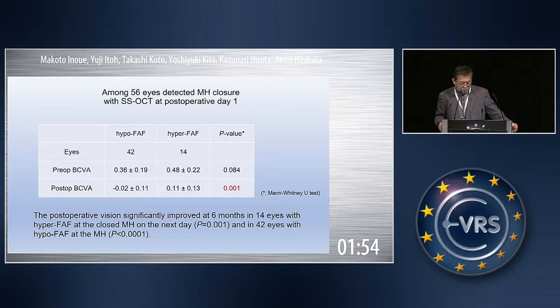But postoperative vision is significantly improved at 6 months in the 40 eyes with hyper FAF at the closed macular hole the next day. In the other 42 eyes, both groups had significant visual improvement, but the hyper FAF group had better visual outcomes.